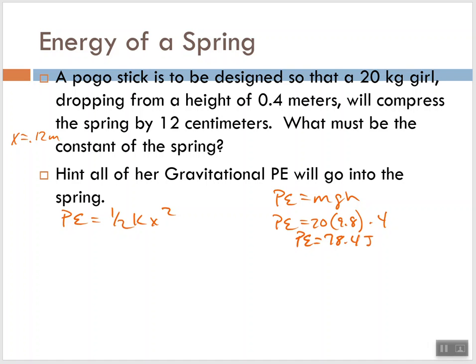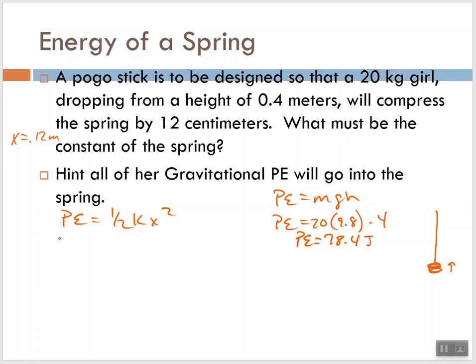So we have this thing called conservation of energy, and we're going to use that concept here. And we're going to say that all of her gravitational potential energy is going to go into the potential energy of the spring when she compresses it. So when she falls, the spring is going to be compressed. And then it's going to have this amount of potential energy, or this ability to shoot the girl back up.